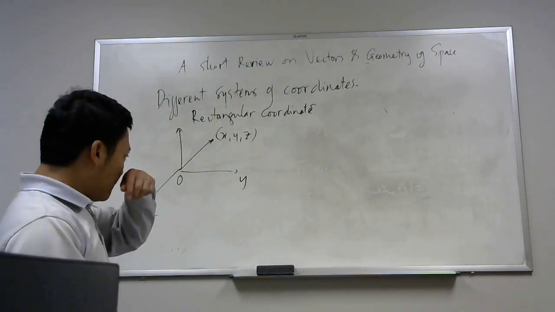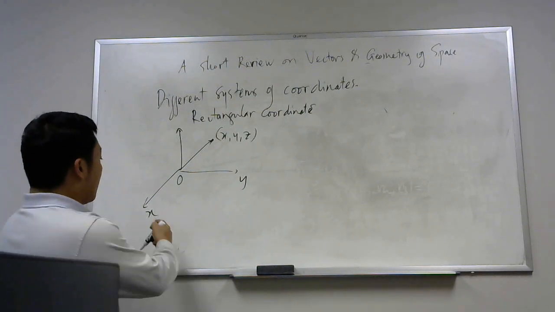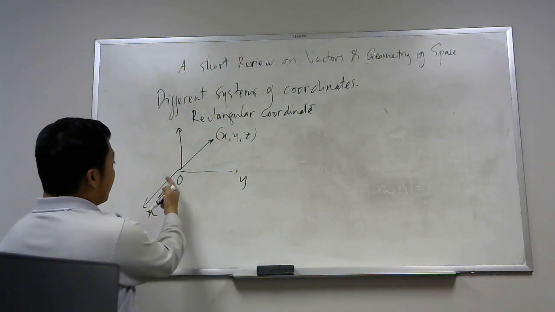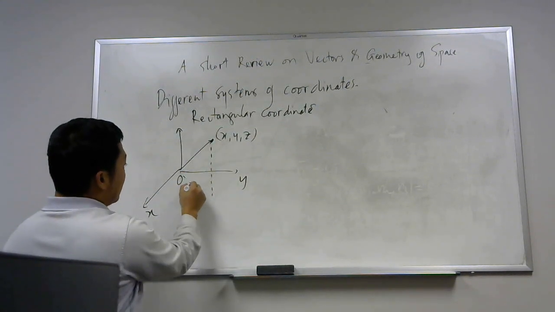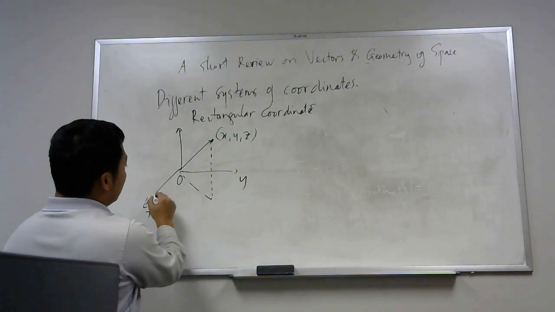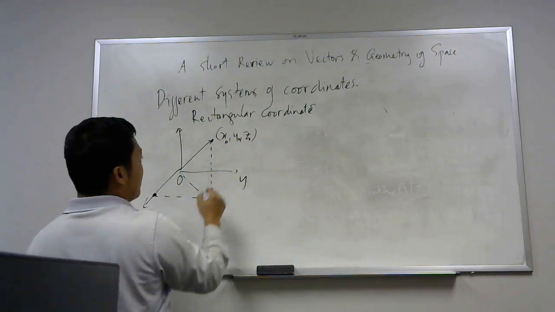But sometimes we need another system. For example, consider the plane x, o, y. How to define this point? Let's say x0, y0, z0.